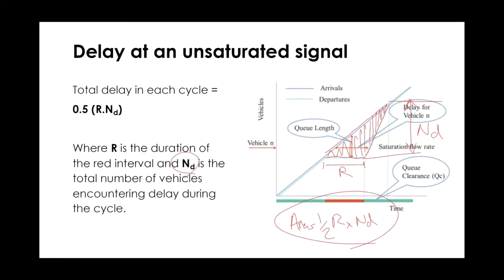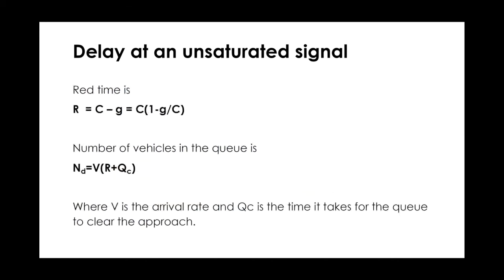But how can I get this ND? To get this ND, I can look at another triangle actually. So let's first calculate the red time. Here we say red time is the cycle length minus the effective green time.